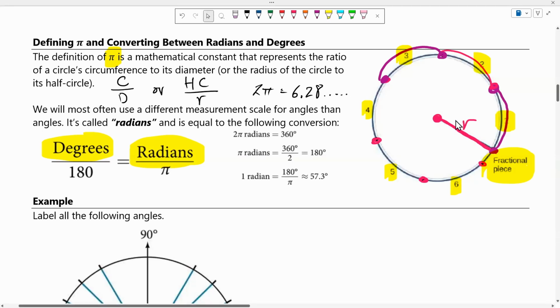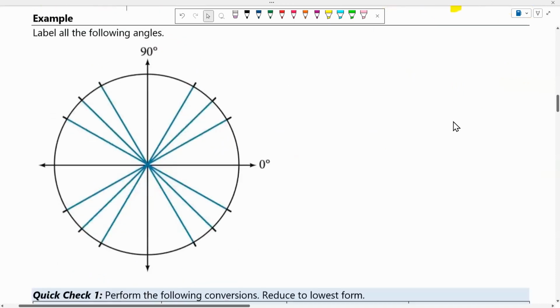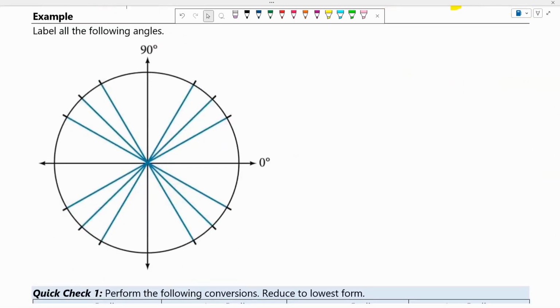What I want to do is scroll down. Here's a circle. I'm going to first write down some of the important degrees. This one's 90. We know that this one is 180 degrees. We already did these. I'm talking about going in the positive direction, so we're going this way.